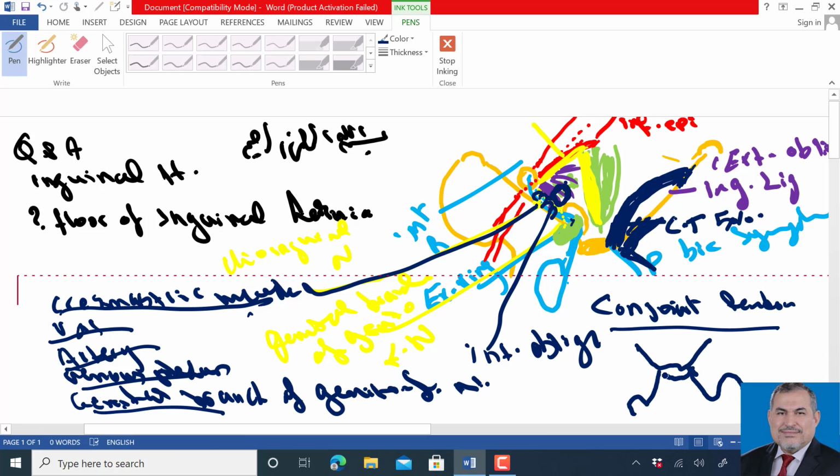This is superior pubic ramus and this is inferior pubic ramus. The periosteum here is called Cooper's ligament. Okay.